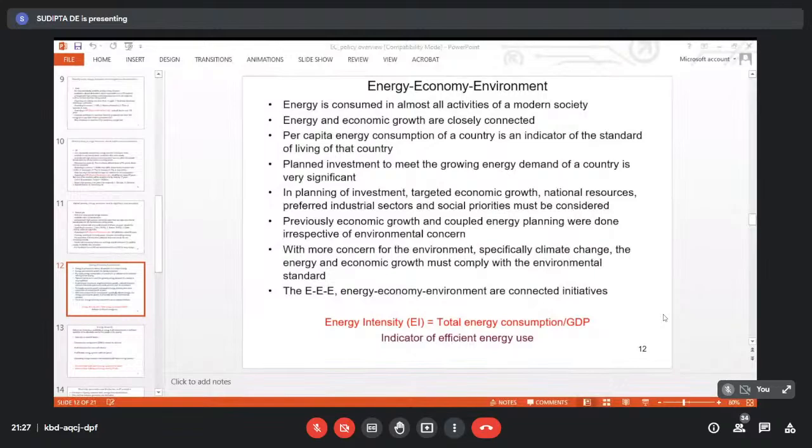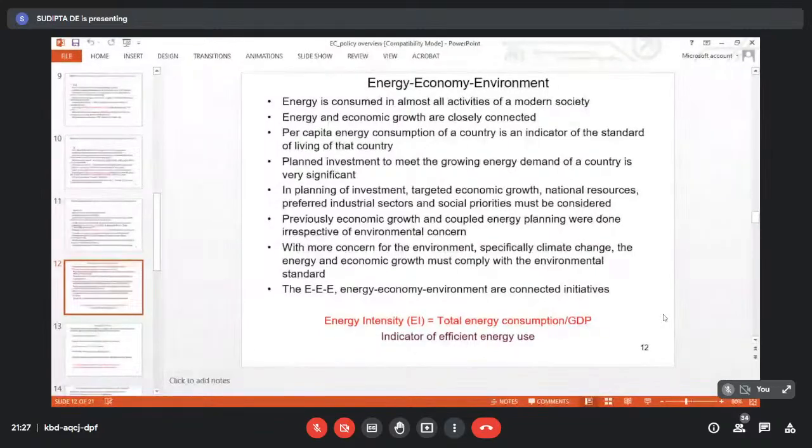So this is defined as total energy consumption divided by GDP, meaning how much is the total energy consumption in the country. That's interrelated with your energy conservation and energy efficiency measures. Now, in this ratio, for the same or lesser energy consumption, if GDP increases, your energy intensity decreases.